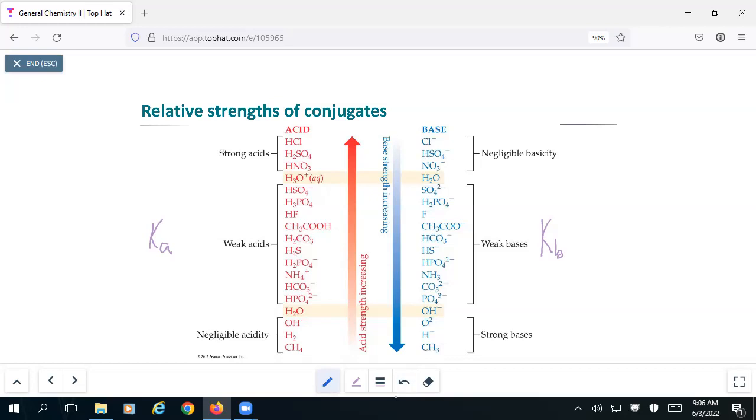Chloride ion is so weak that we don't even consider it to be basic. Nitric acid is strong. Nitrate ion is so weak, we don't even consider it to be basic. Hydrogen fluoride is a weak acid. Fluoride ion has some basic character to it.